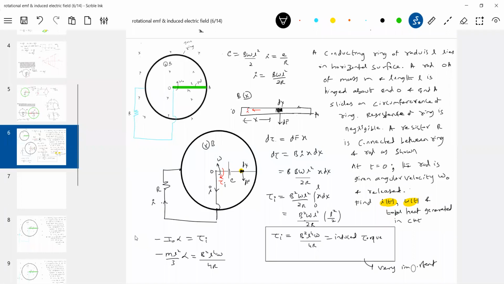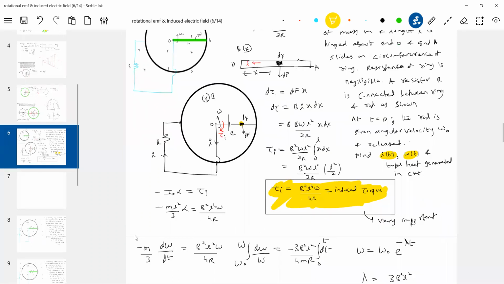Now what you do, in place of the resistor, what will happen? We can bring a capacitor, we can bring a cell. Then instead of a given constant angular velocity, I'll rotate it with constant torque. All conditions will come. I will scroll down. Okay, let's take the next problem.